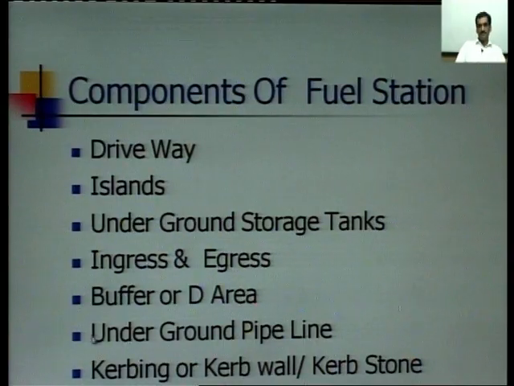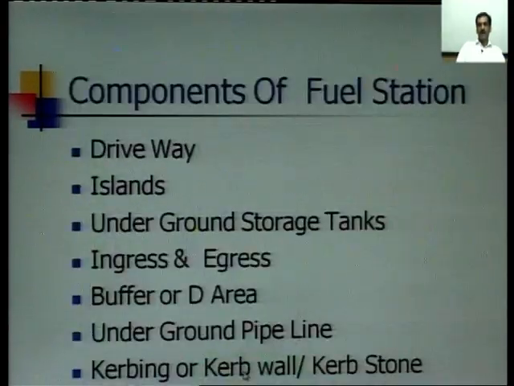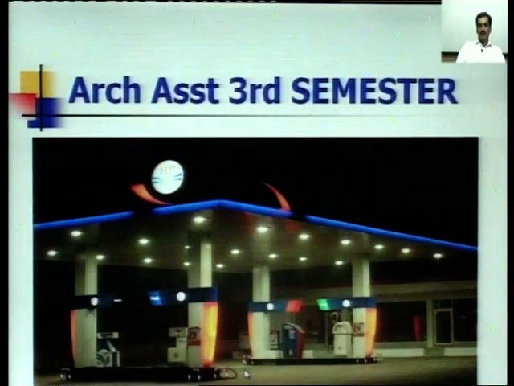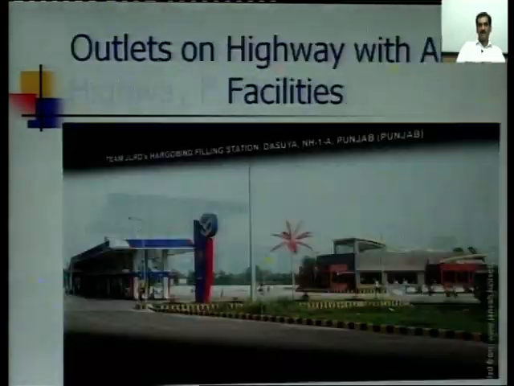Okay, the other parts are things we have all seen: driveway, islands, underground tanks, ingress, egress, buffer, underground pipelines, and then a small curb. What is a curb? Let me show you. In this small picture you can see the curb.